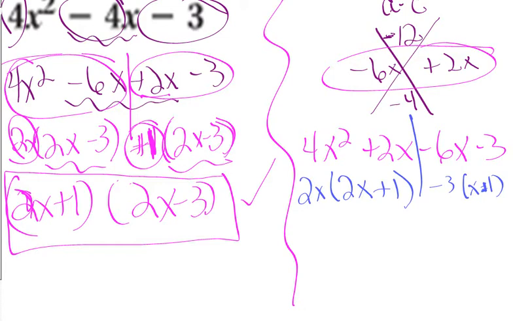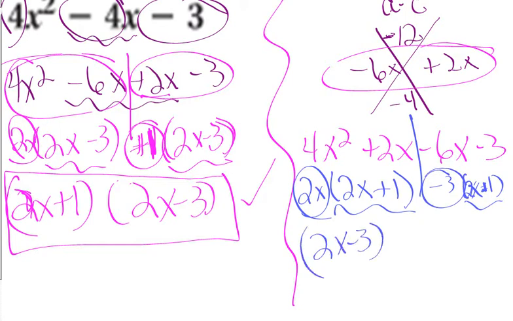And we check, that's a 2x plus 1, so sorry. Okay, so 2x plus 1, check both your binomials, and they're the same, so you can rewrite it as 2x minus 3 times 2x plus 1.